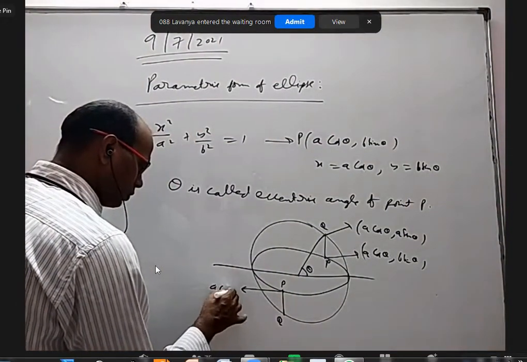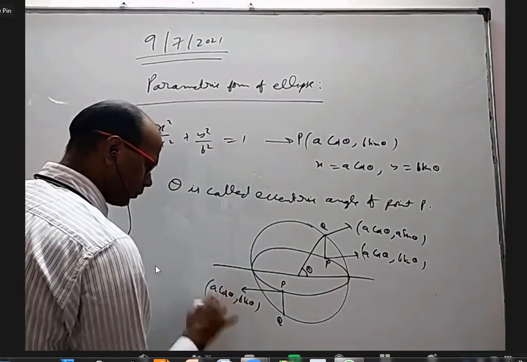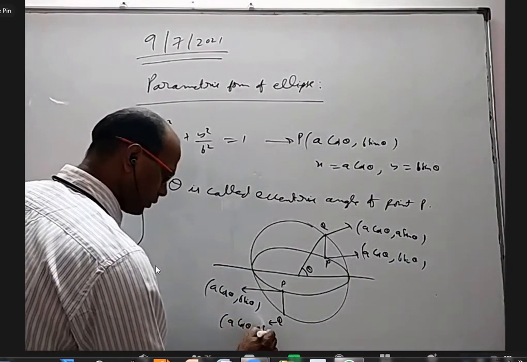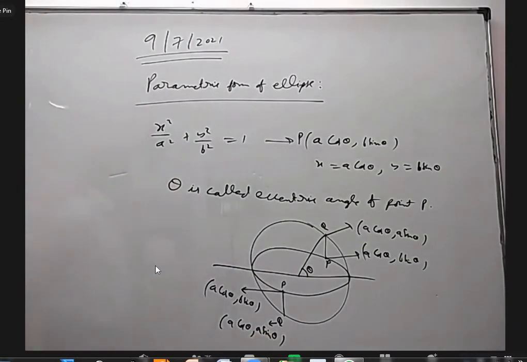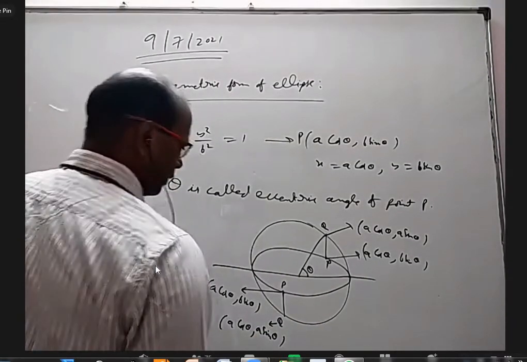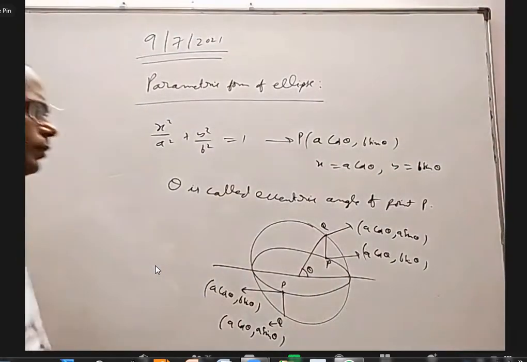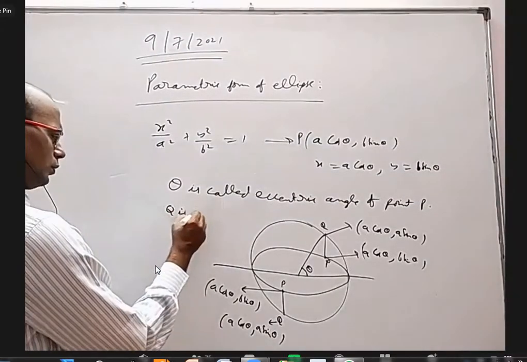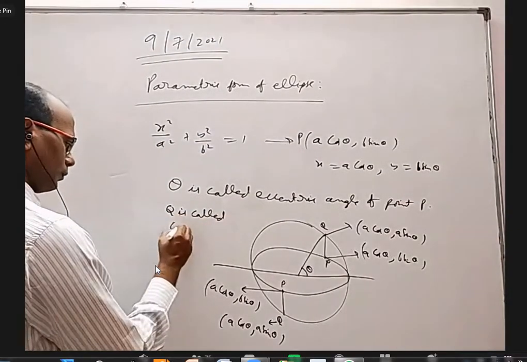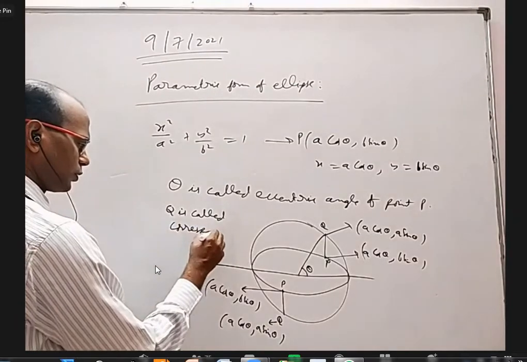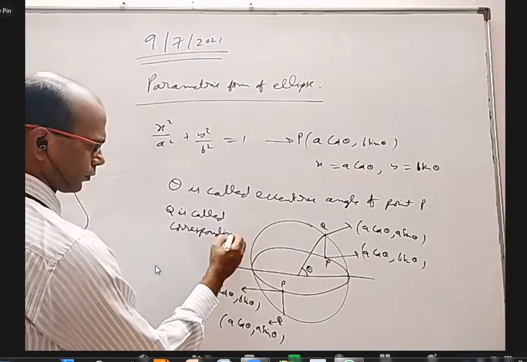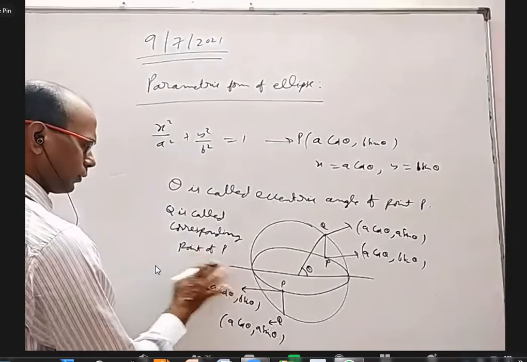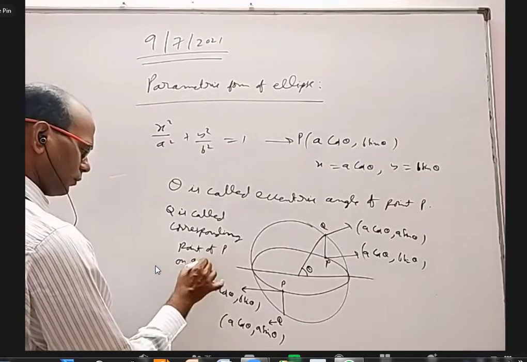Q is called the corresponding point of P on the auxiliary circle.